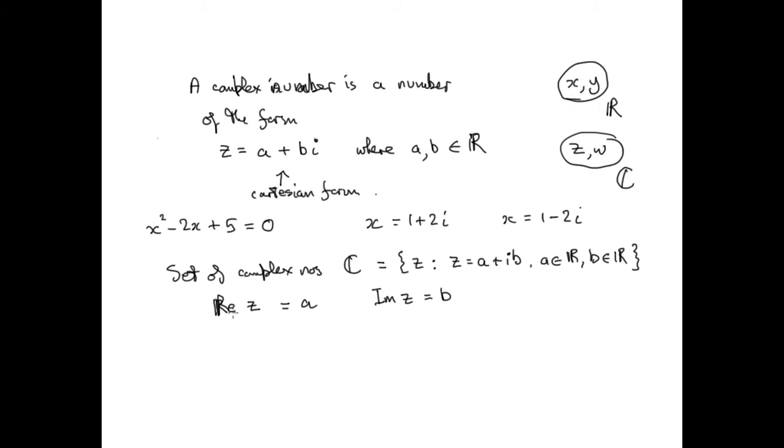So notice now that the real part is a real number, the imaginary part is a real number. So a is the real part of the complex number z, b is the imaginary part of this complex number z.